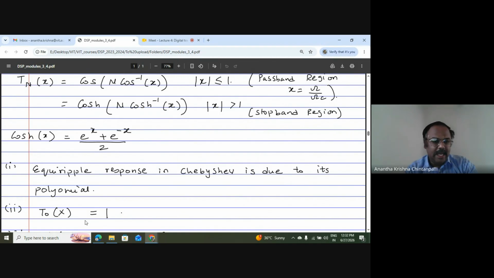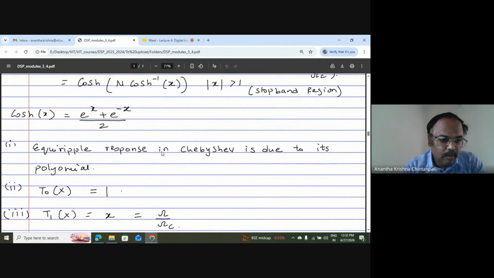When n is 0, which is a very hypothetical situation where n cannot be 0, but the Chebyshev polynomial is a recursive polynomial, so I need to know what happens at n equal to 0. Cos of 0 is 1, and hyperbolic cos of 0 is also 1.